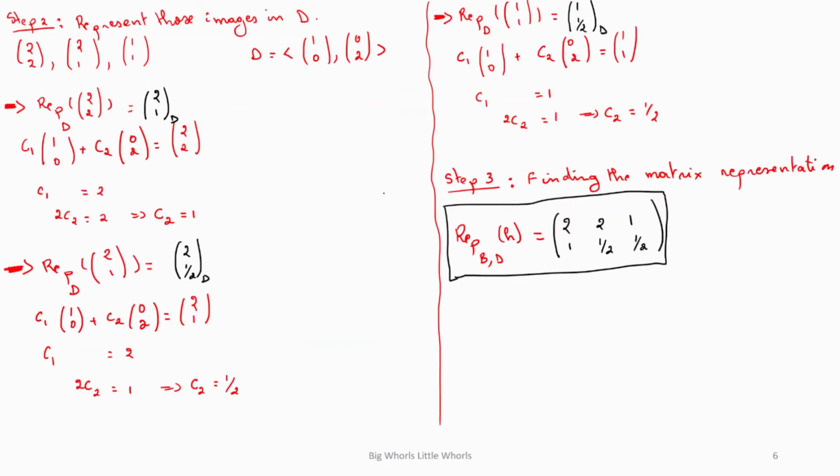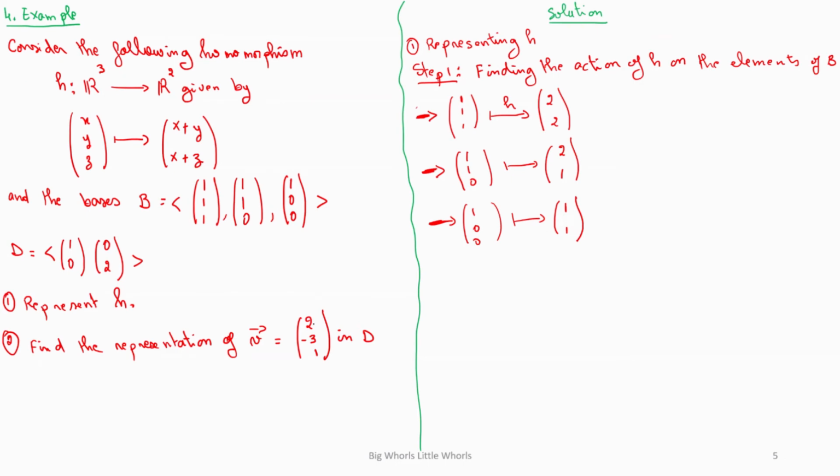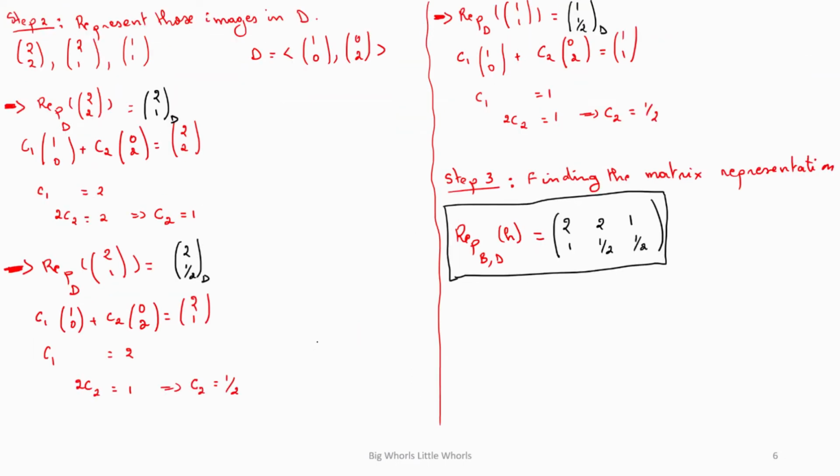So the second question is to represent the vector V, which is (2, -3, 1).